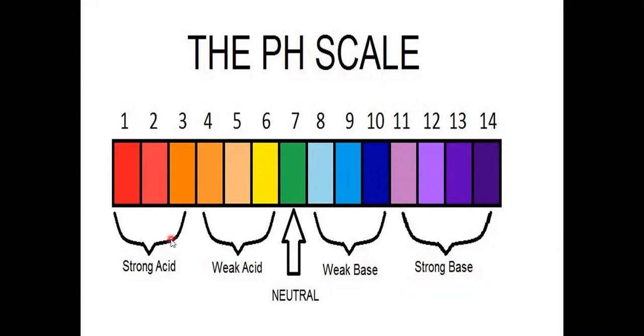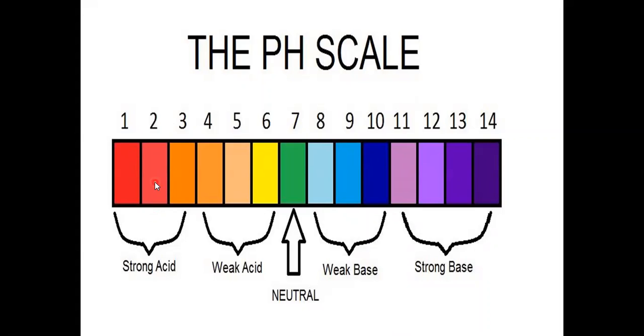Remember, the strong acids will have more hydrogen ions, hence they are placed in the pH scale at the lowest range. So low pH means high concentration of hydrogen ions.